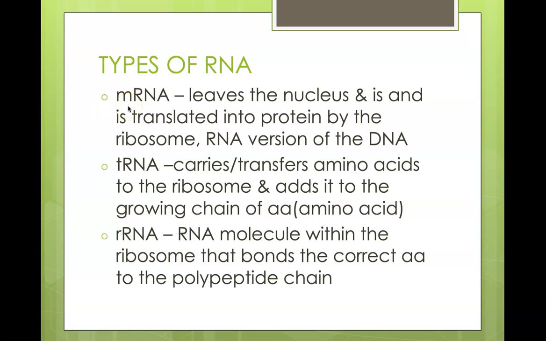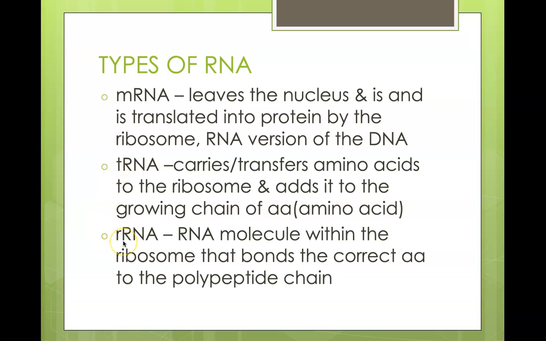The mRNA is the one that I showed you before. You have DNA being transcribed into RNA, which leaves the nucleus. Then there's the tRNA, which is sort of the fetch and carry. It goes and reads the triplet codon on the mRNA at the ribosome, and then goes and finds the correct amino acid and brings it back.